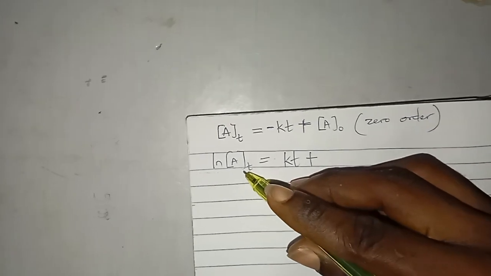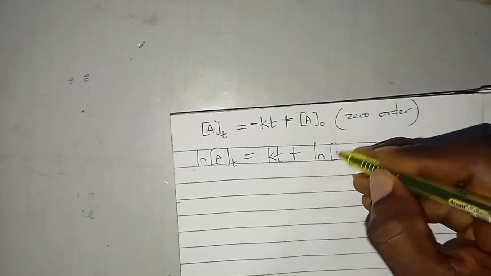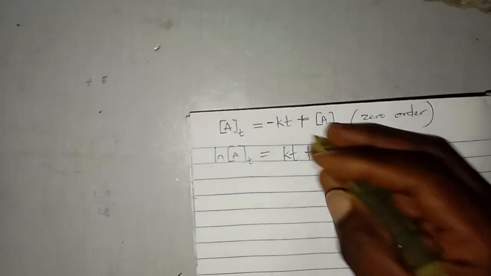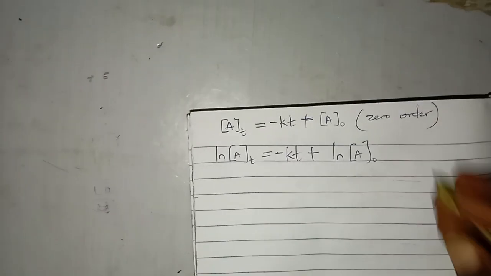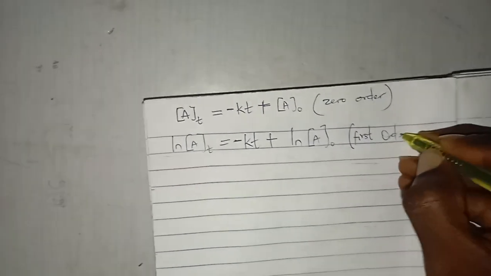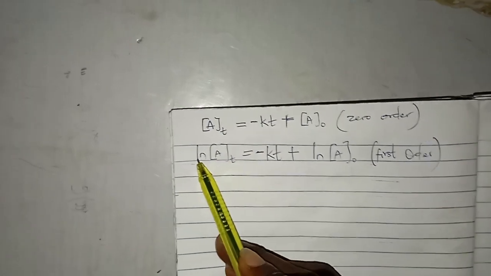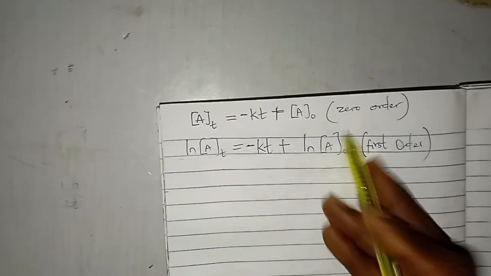Before the concentration at a given time and the initial concentration, you always have ln. You notice that we have minus again. So this is for first order. Just notice the difference: this one is having natural log, this one is not having it.